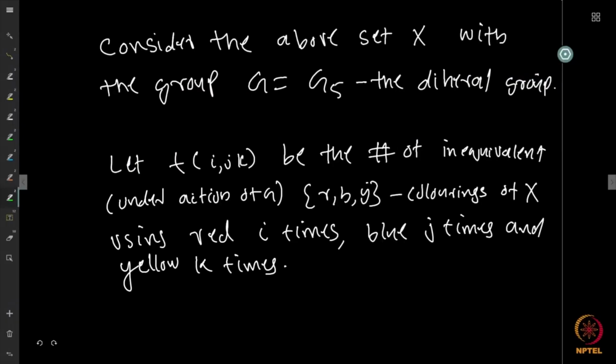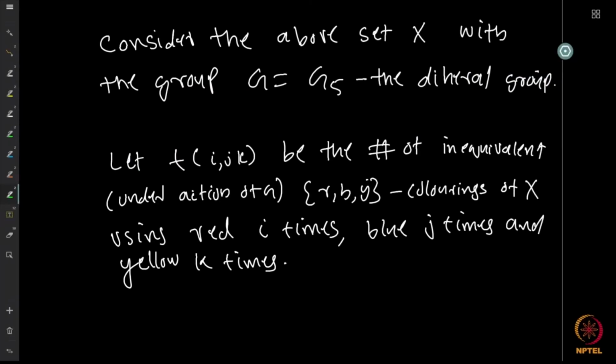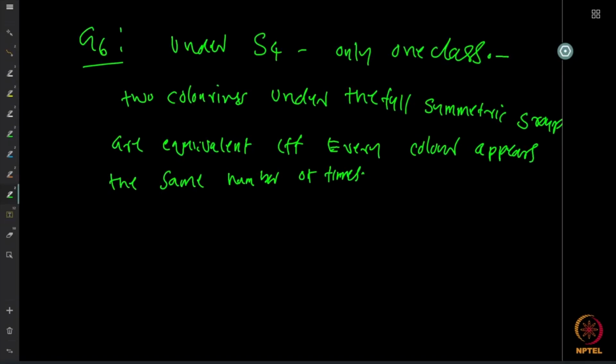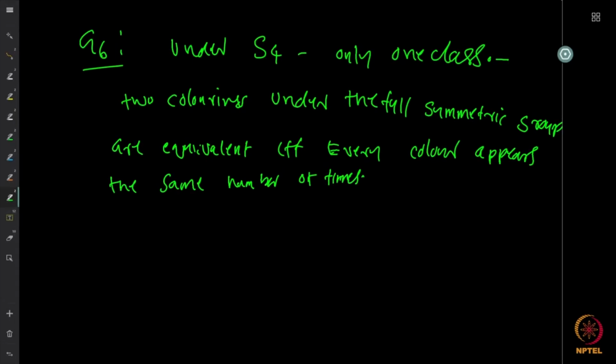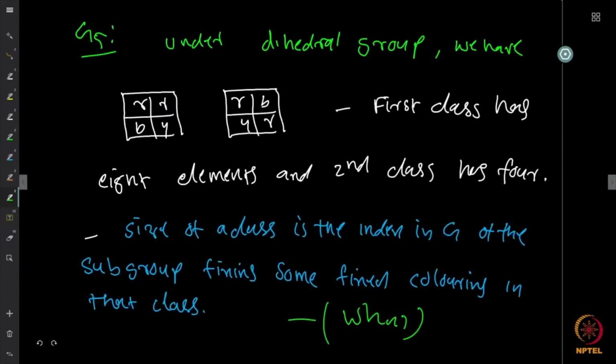Now, I forgot to mention what the index of a subgroup is. The index of a subgroup is the number of left cosets, or equivalently the number of right cosets.